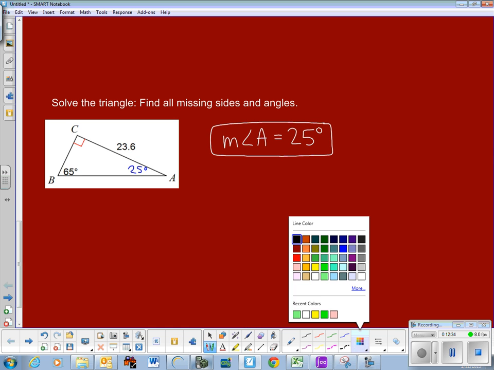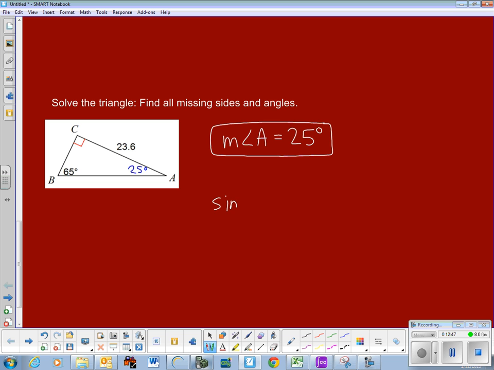All right, so let's find the hypotenuse, BA. If I have the 65, 23.6 is opposite that. And BA, what I'm looking for is the hypotenuse.